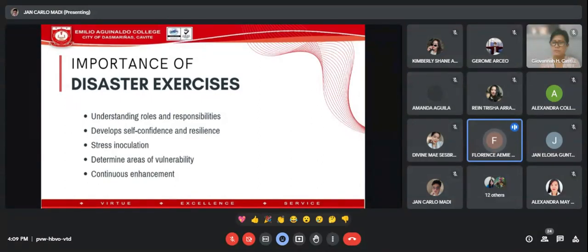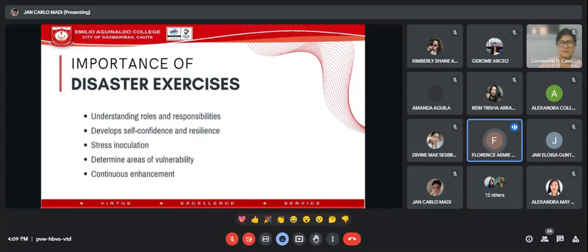Na mas nape-prepare sila mentally and emotionally, thus, nare-reduce nito yung likelihood of panic and mas na-enhance ito yung ability to function effectively. Then, next is, nakaka-determine din ito in four areas of vulnerability.